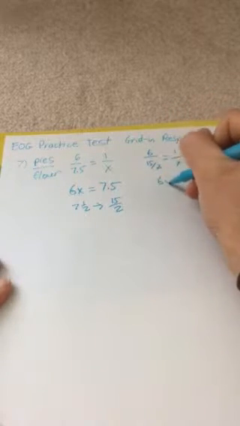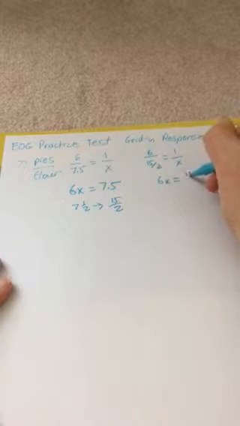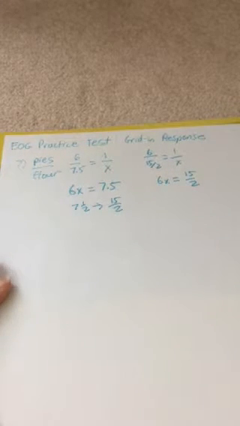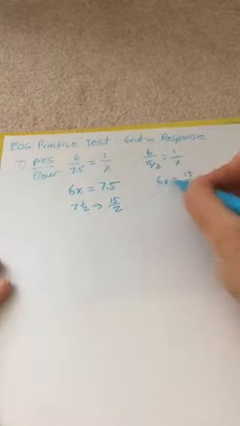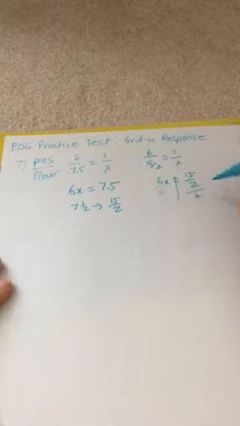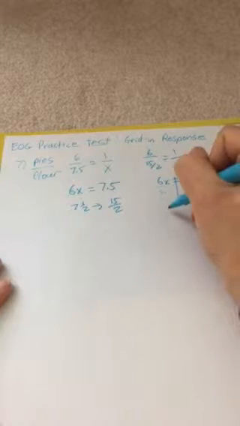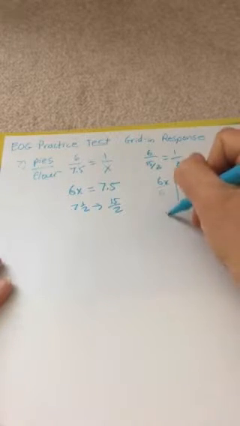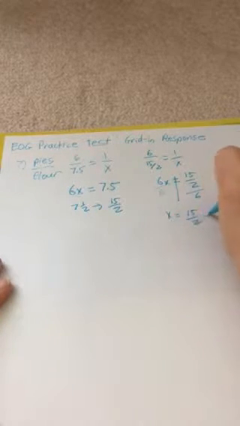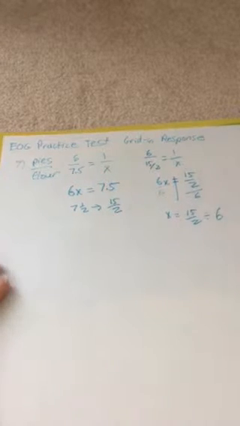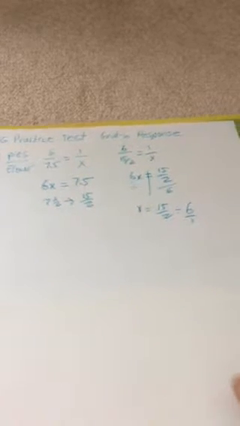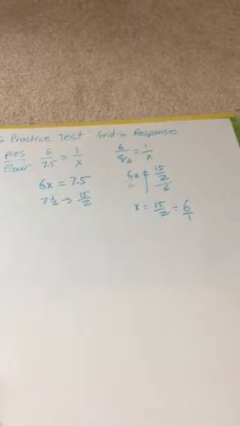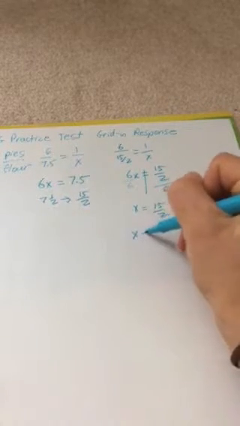So then we want to solve for this instead. We're going to divide both sides by 6. This is like a normal one-step equation. So essentially what we have is x equals 15 halves divided by 6. If you remember, if we make this a fraction, we need to do keep, change, flip in order to divide this.